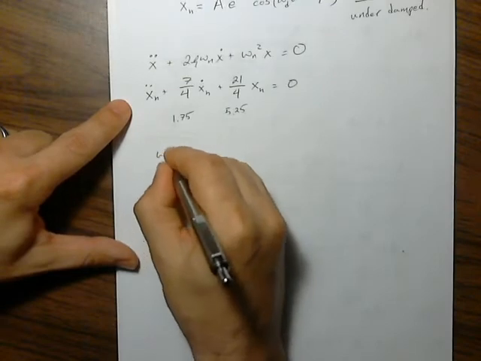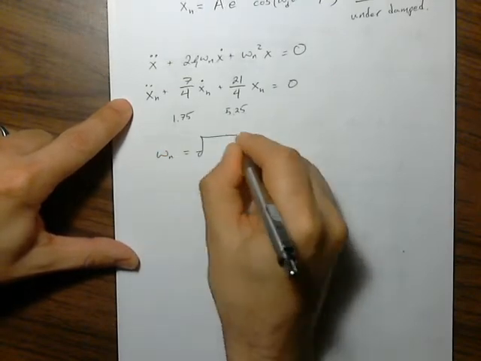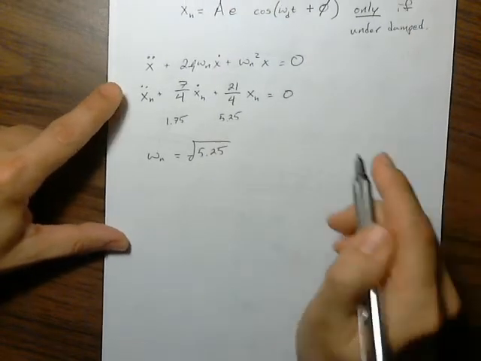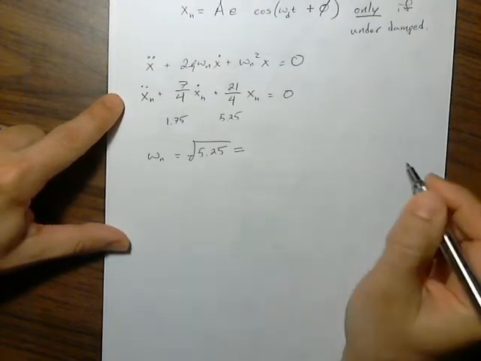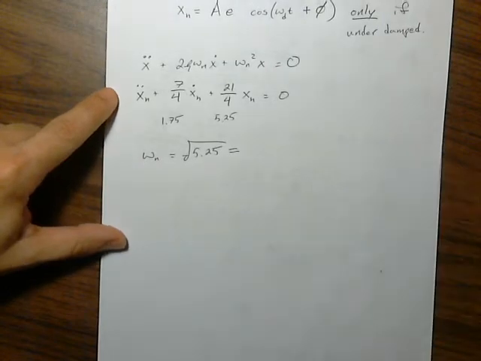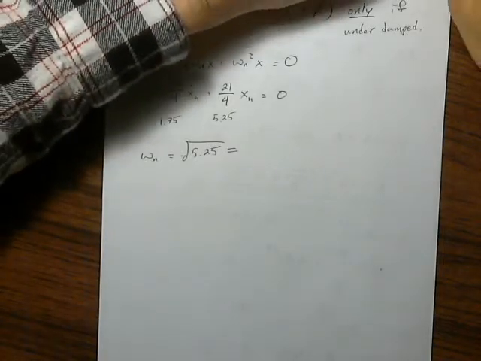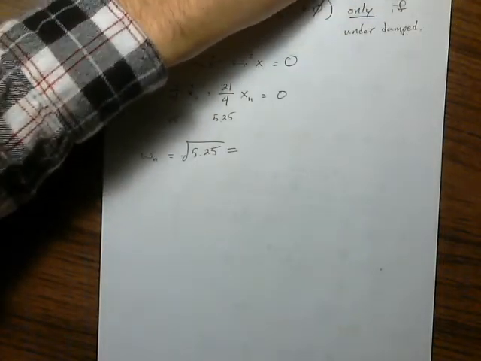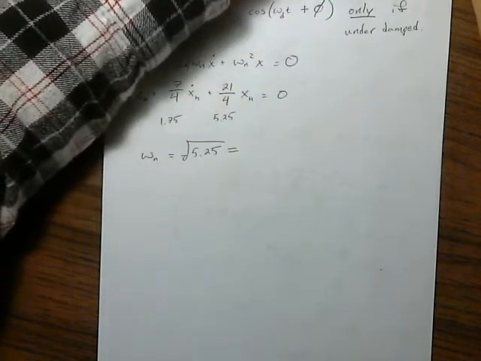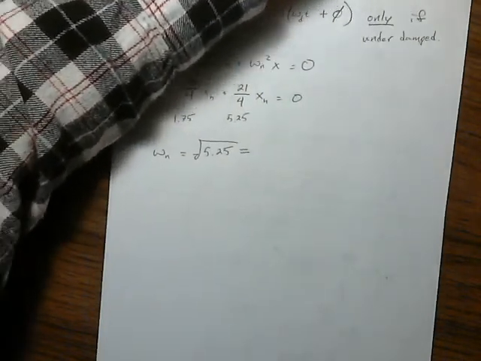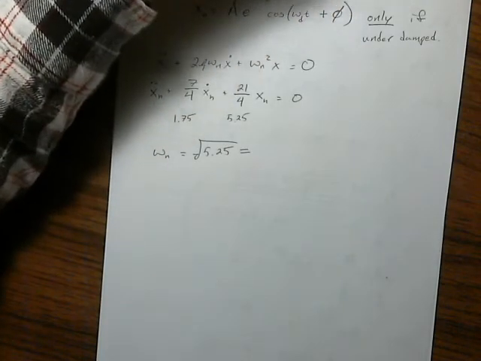So omega n, the natural frequency, is the square root of 5.25. Excellent. Let me bring up my handy dandy Python terminal. I'm going to assume you don't need to see me calculate the square root of 5.25. I figure you can do that. All right, I get 2.29 thereabouts.